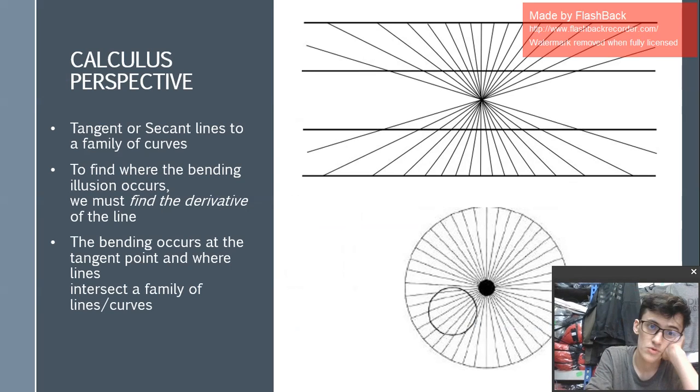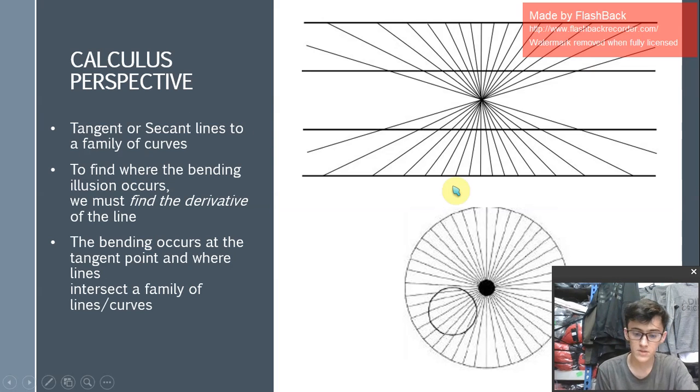If you take a more calculus perspective, it says that optical illusions involve tangent lines or secant lines to a family of curves. To find where the bending occurs, where the illusion occurs, we must find the first derivative, and this bending occurs at the tangent point where the lines intersect a family of lines or curves.